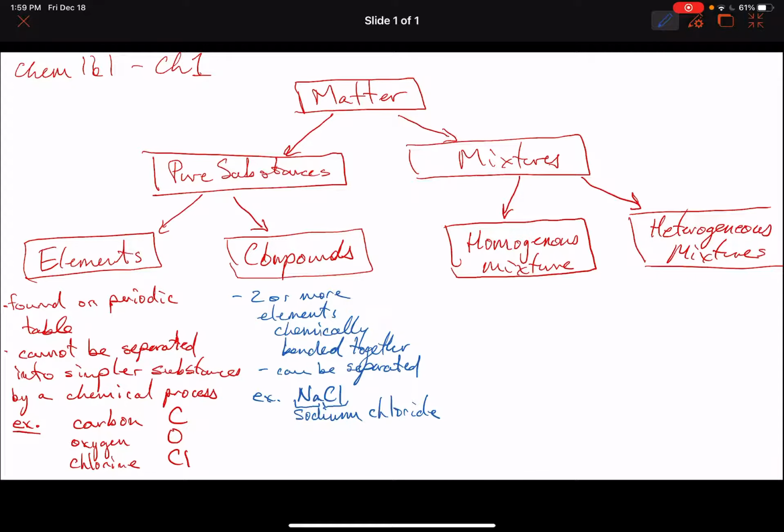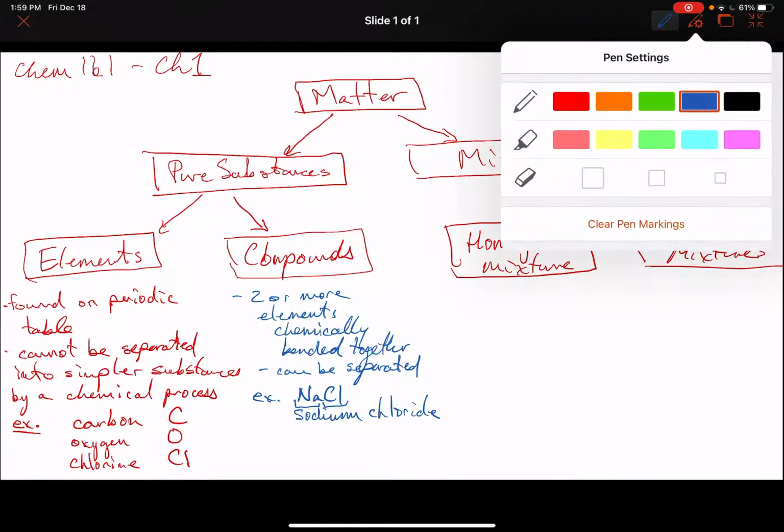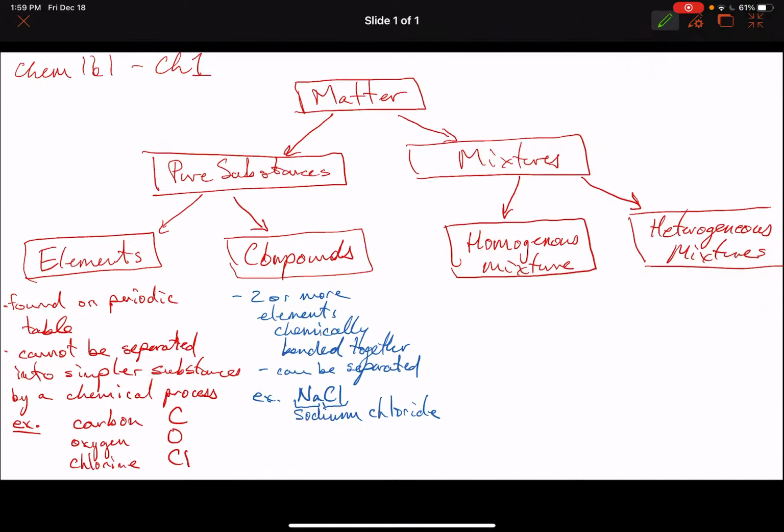Okay, heterogeneous mixtures, as we said a moment ago, were not uniform throughout the entirety of the sample.